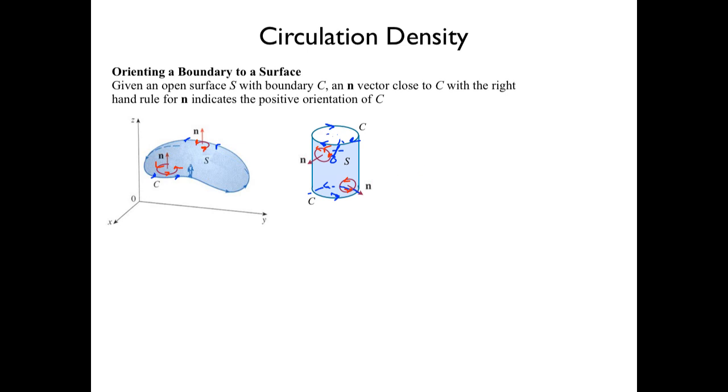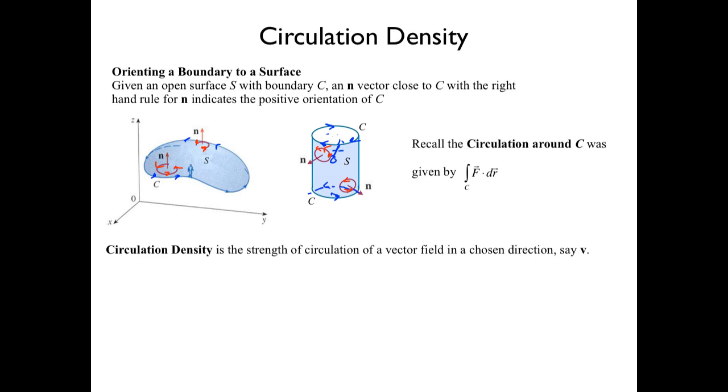Okay, so then just recall that we said the circulation around C was given by the line integral, right? F dot dr. Remember line integrals? So then what is circulation density?